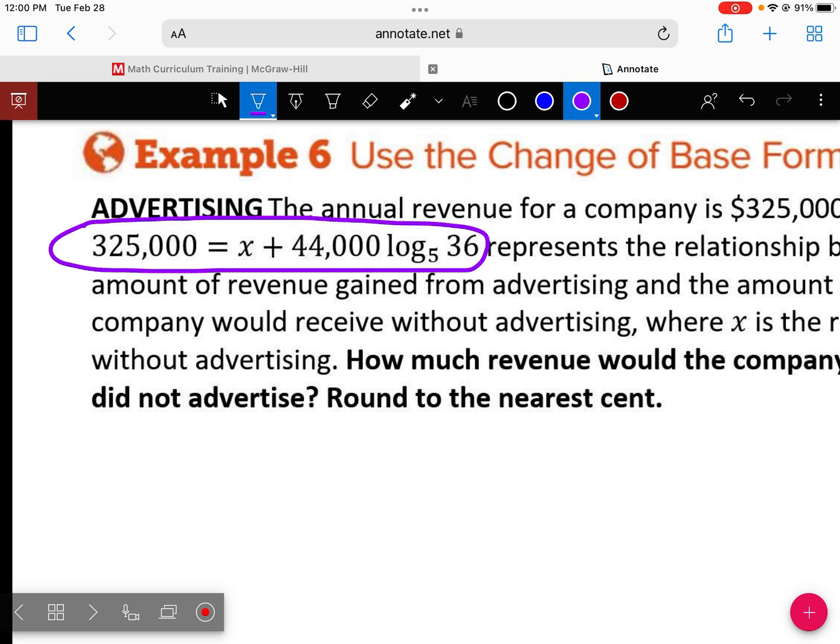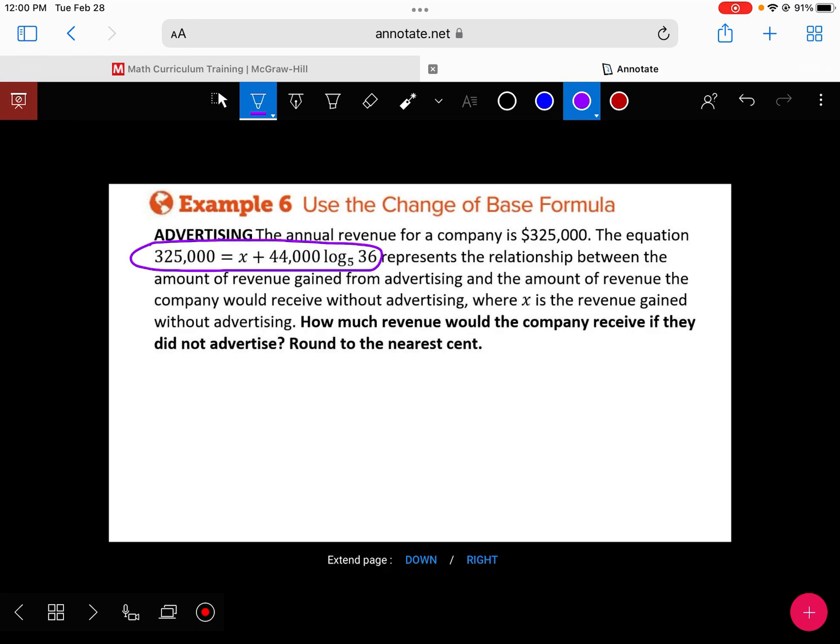What does that equation represent? What does it tell us it represents? The relationship between the amount of revenue gained from advertising and the amount of revenue received. Which part of this means the amount of revenue received without advertising?